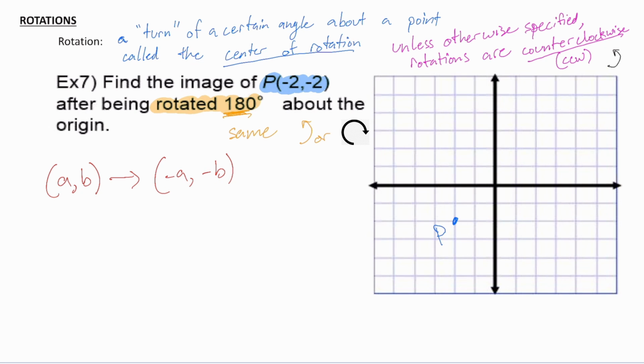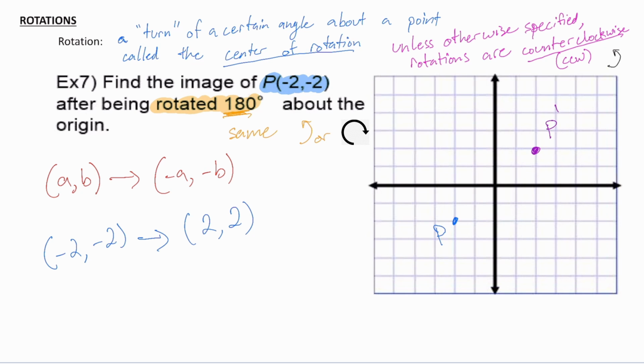So because P right now is at (-2, -2), to go to the opposite of these two values would be to go to (2, 2). So the new point is going to be at (2, 2). We'll do the new point in purple.